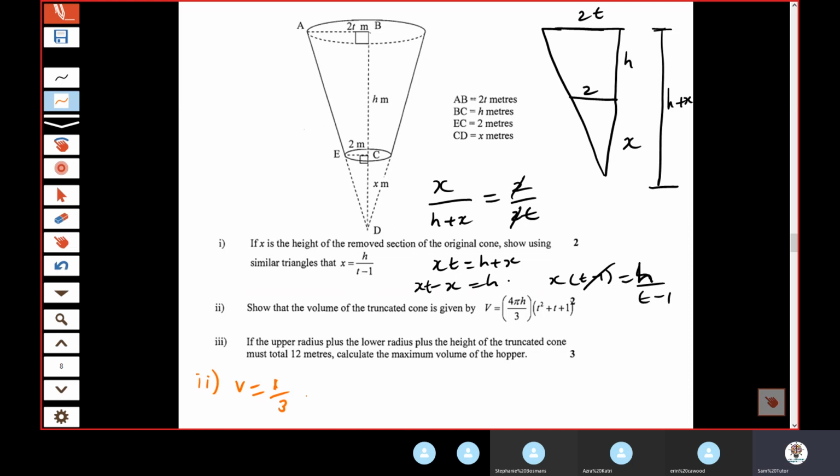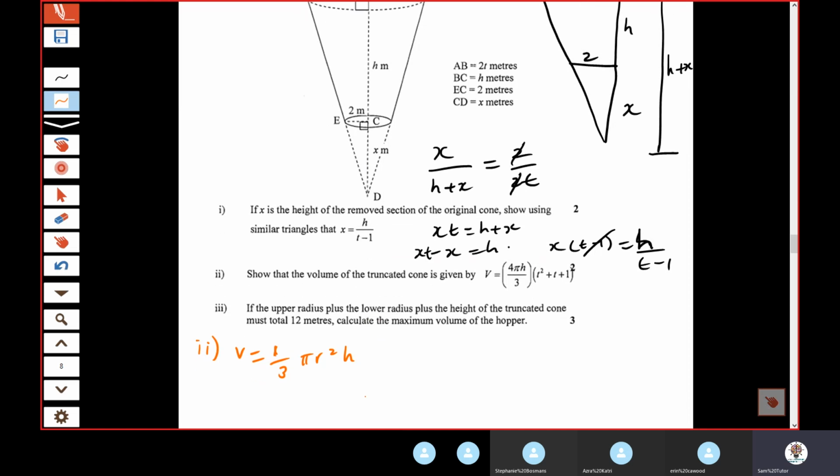One third pi r squared h. We're going to do the volume of the bigger cone minus the smaller one. That will be the logic. So let's call it v big, and then minus v small.